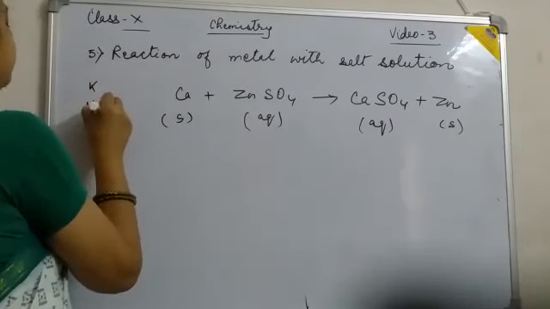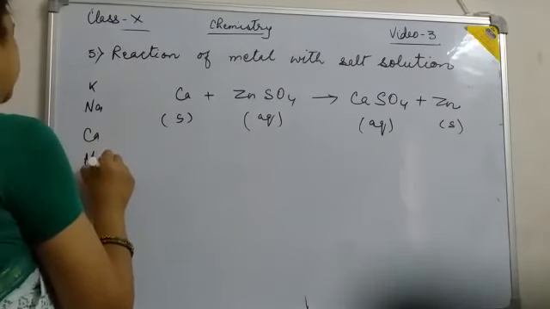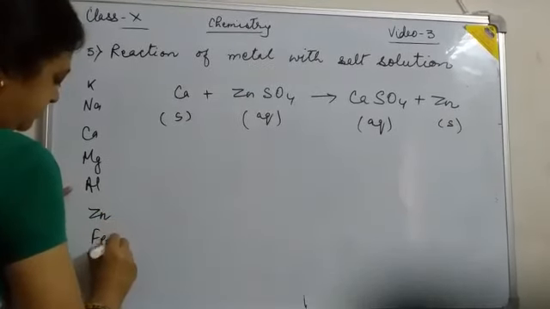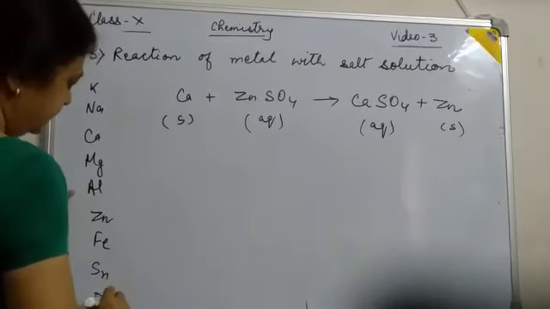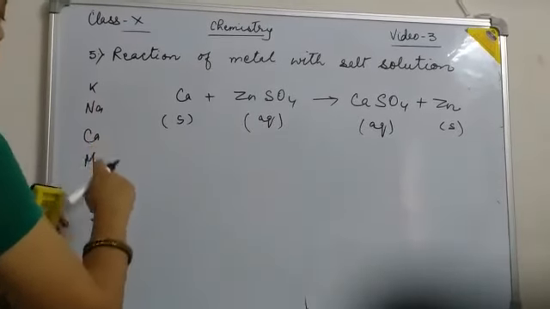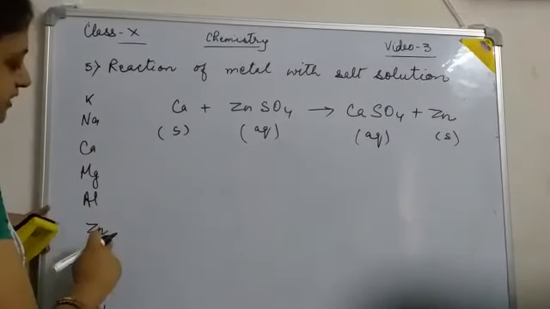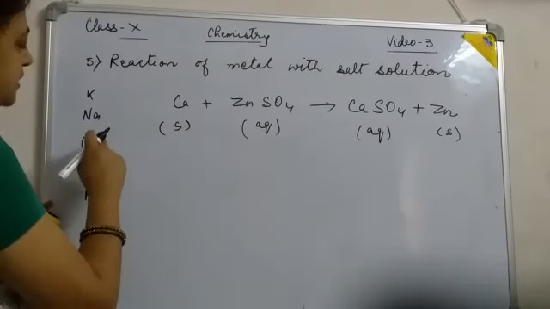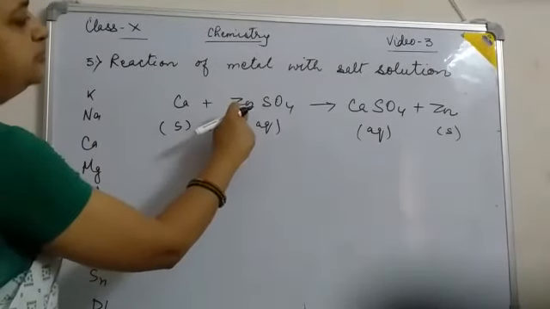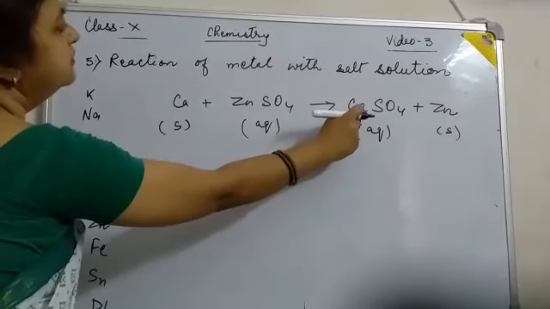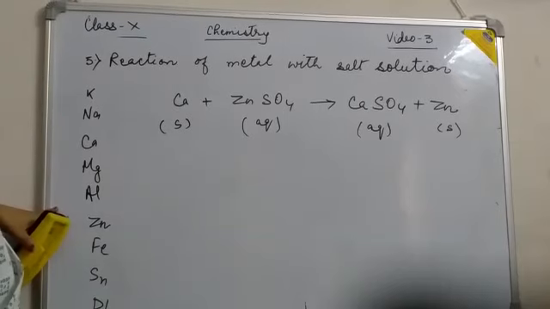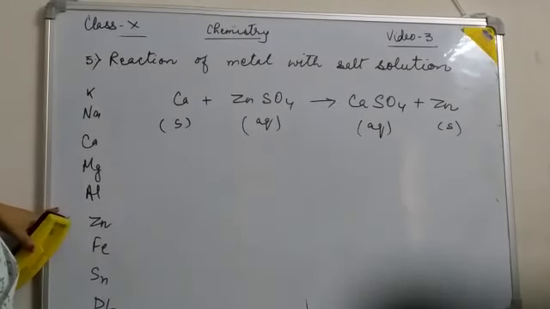Potassium, sodium, calcium, magnesium, aluminium, zinc, iron, tin, lead. So calcium displaces zinc from its place and takes the place of zinc to form calcium sulfate. This type of reaction is displacement reaction.